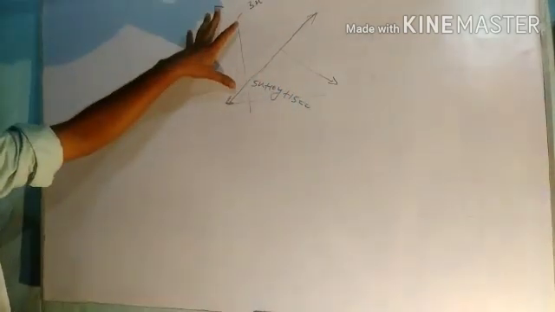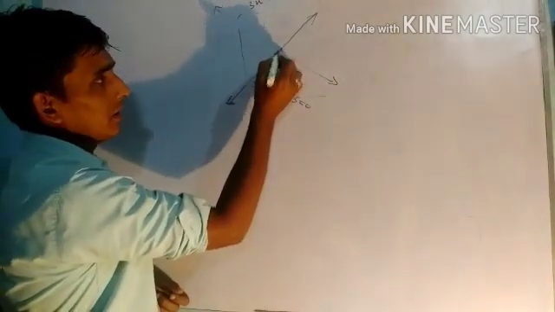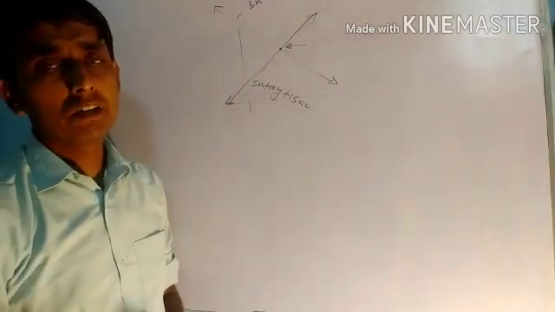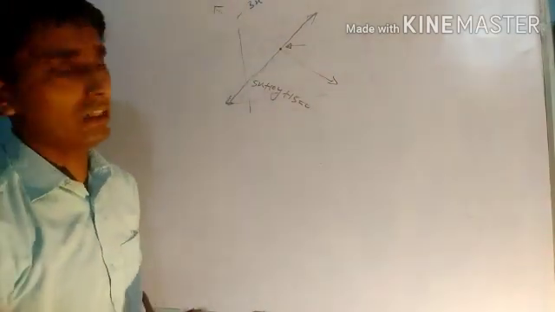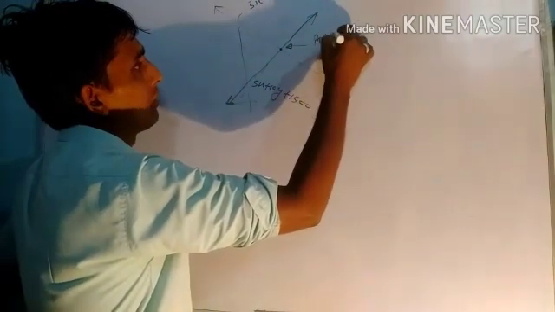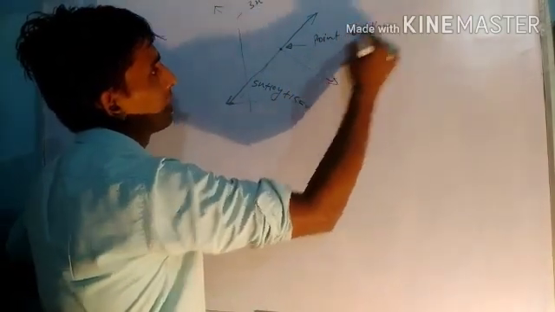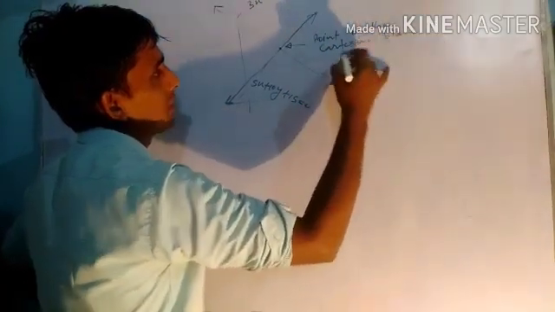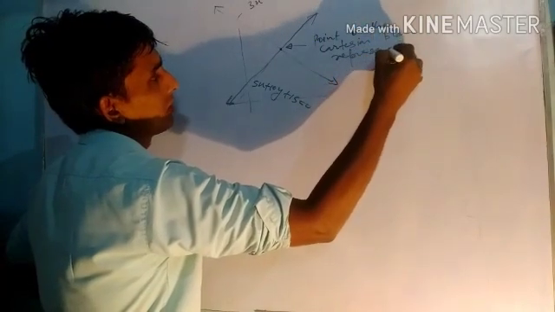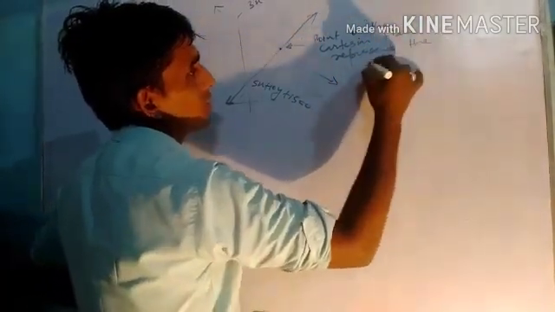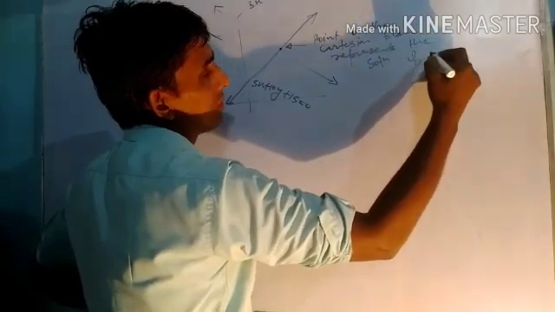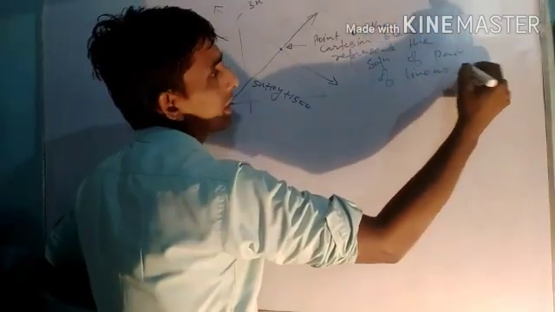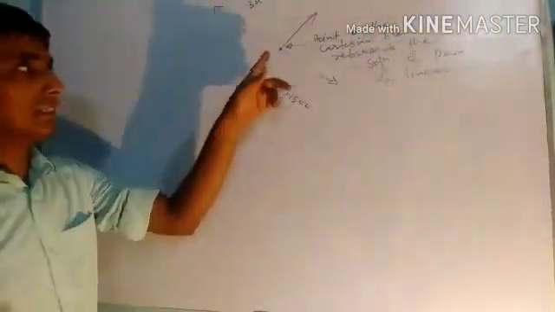So both of these graphs are cutting somewhere here. This point represents the solution of this pair of linear equations. This point on the Cartesian plane represents the solution of the pair of linear equations.